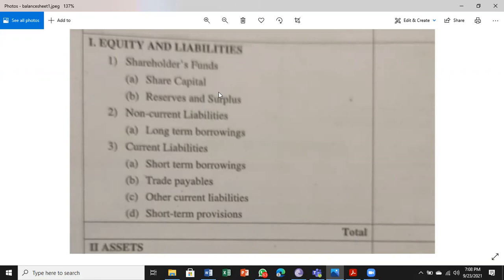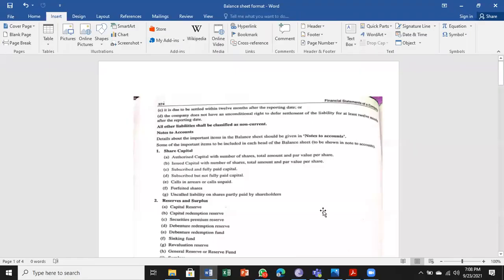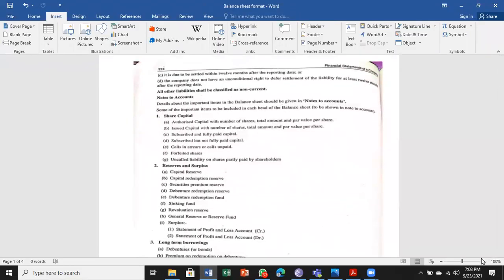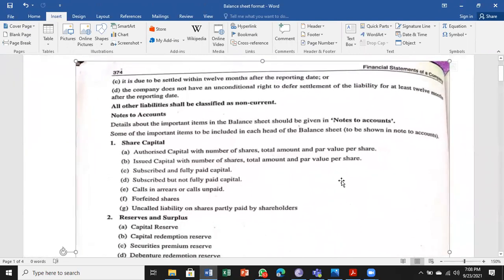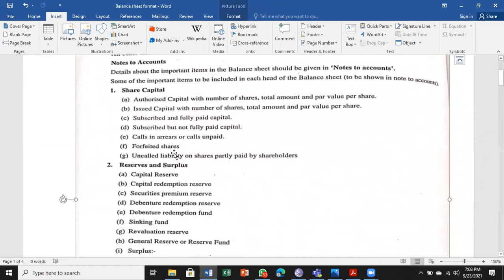So there are 2 parts in it. One is share capital, the other one is reserves and surplus. I'll go one by one. Under share capital, what are all the items that usually come?